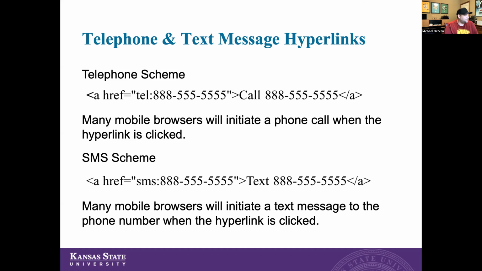By using that tel:, it's going to turn that into a link that, when clicked, the phone browser knows it needs to open up the default phone app. And then the same thing with text message. Instead of using tel:, we just use sms: and then the phone number. When they click on that, it'll pull up their text message app, whatever the default text message app is that's installed on the phone.